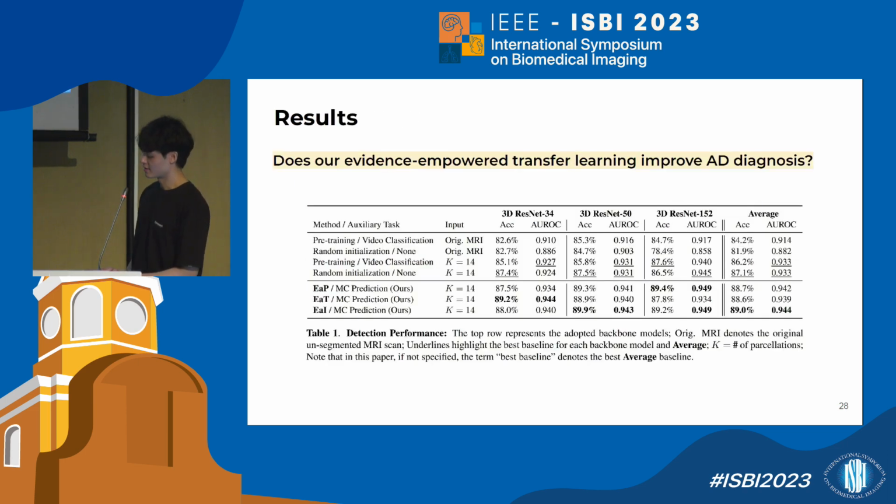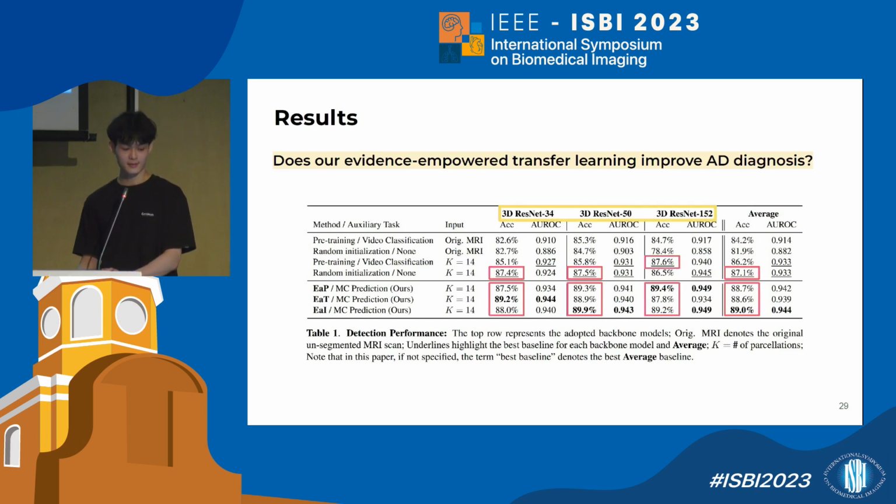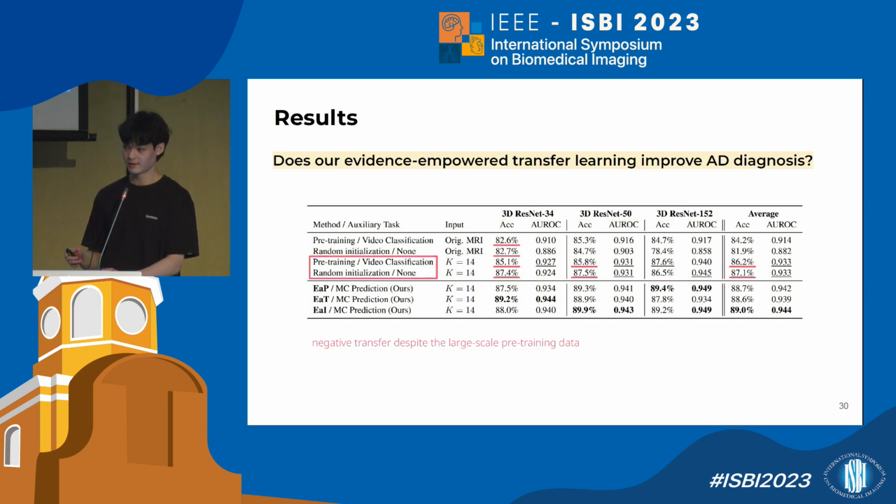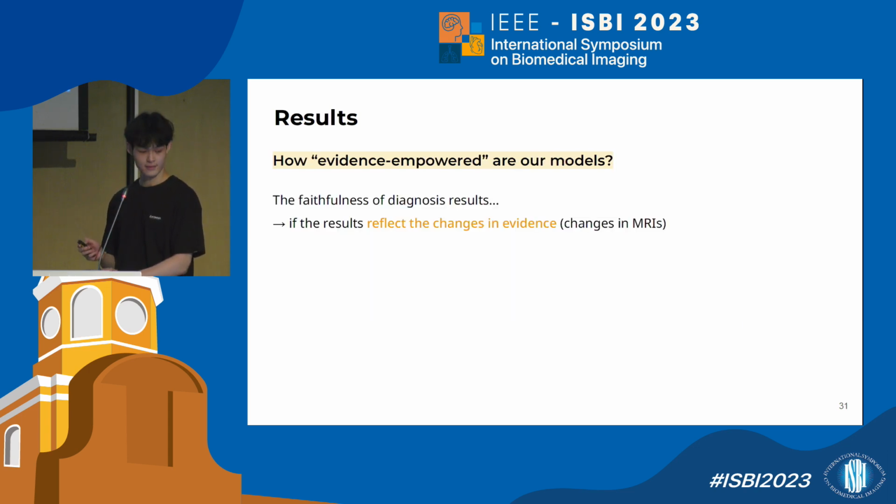The first one is, does our framework improve AD diagnosis? As we can see here, all of our settings achieve higher detection accuracy than the baseline, regardless of the capacity of the model. We also observe negative transfer here, and this supports the necessity of our effort to utilize the knowledge that is related to AD.